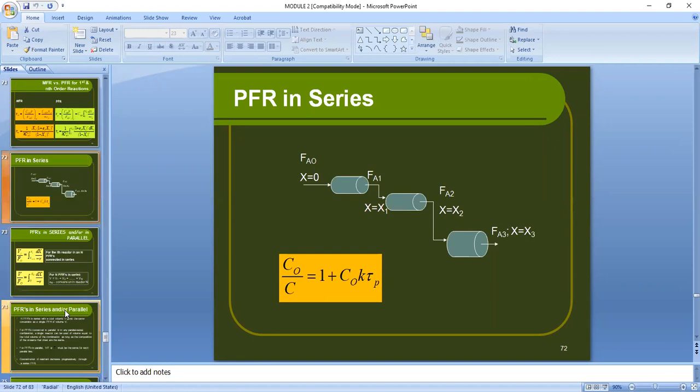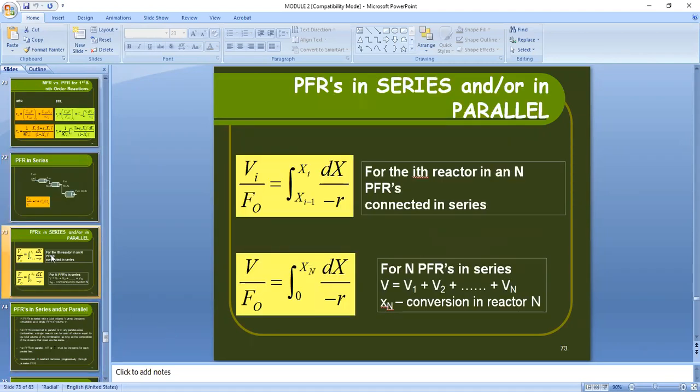Now, if we have PFRs in series and/or parallel combination, and we want to determine the degree of conversion for the ith reactor, given the degree of conversion in the reactor before it, then this would be your formula. You have here the molar feed rate to the first reactor in the series.